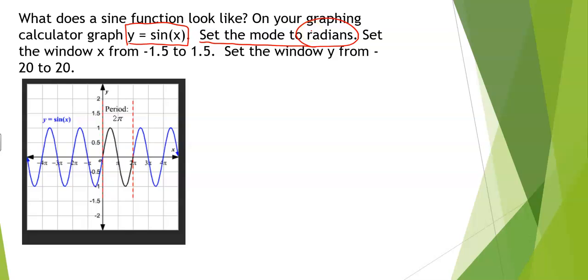Otherwise, you won't get this graph to look like this. So the x is in radians when I do the sine of x. Then you might want to change your window. If it's any larger, it'll look kind of like this and you can't really see the waves. So you'll want to do that.